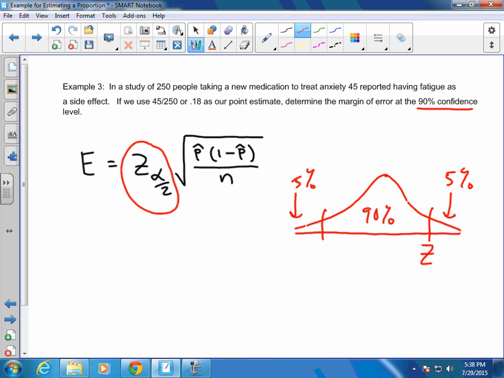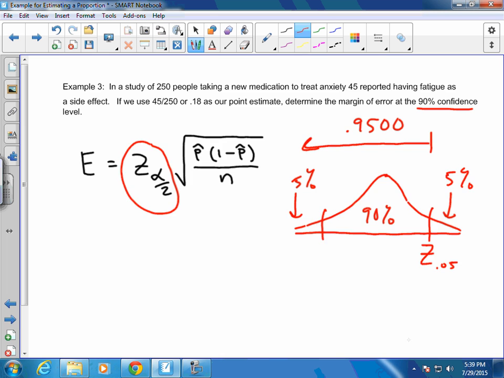Notice the area to the right is 0.05, so our book uses the notation z with a little 0.05 subscript. The way we could do it the long way from the table is notice that the area to the left has to be 95%, so 0.9500, and then we can look in our table 5 to find the area closest to 0.9500 and get the z-score.